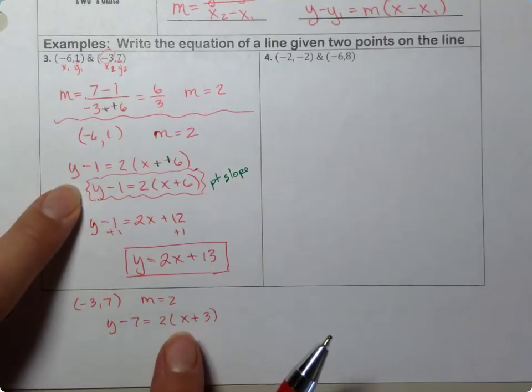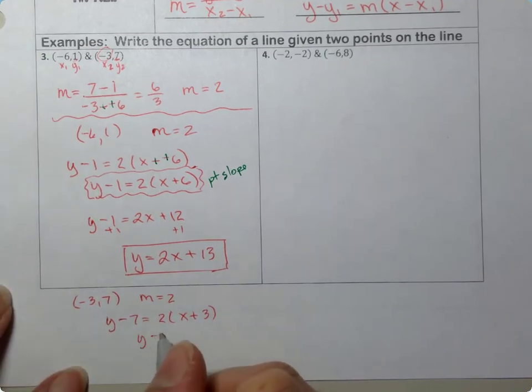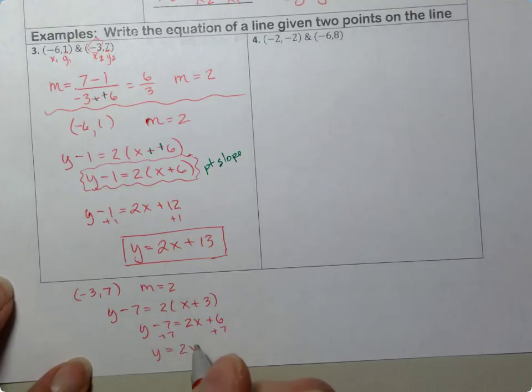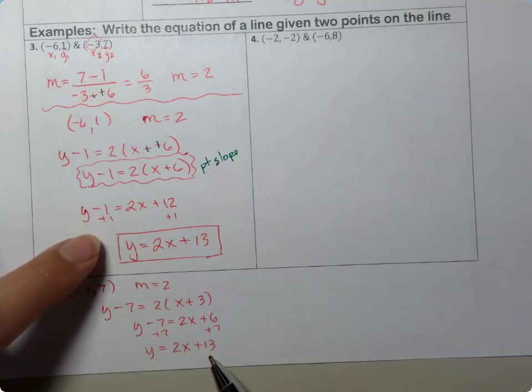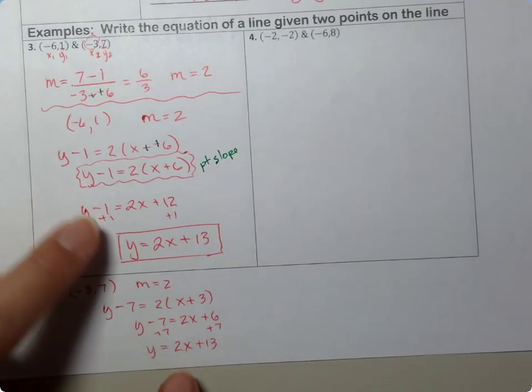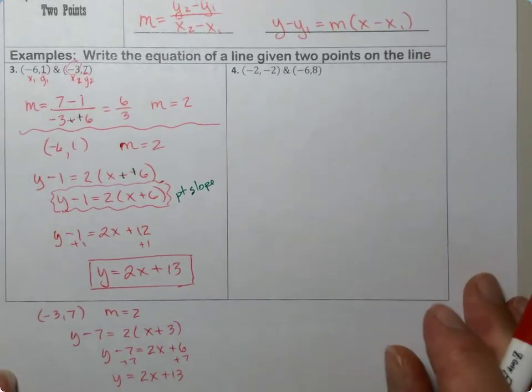So you and your neighbor might have a different point slope, but when I distribute that and solve for y, we end up with the same answer. So do you see that it doesn't matter which point I pick? Do you see that we will get that same answer? Okay, so you and a neighbor might have a different point slope, but we would both get the same slope intercept form.